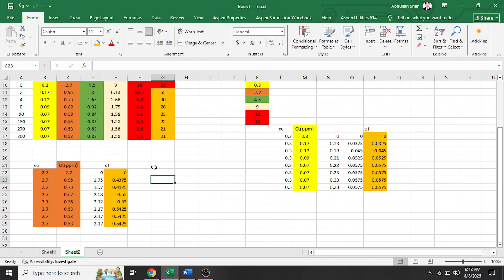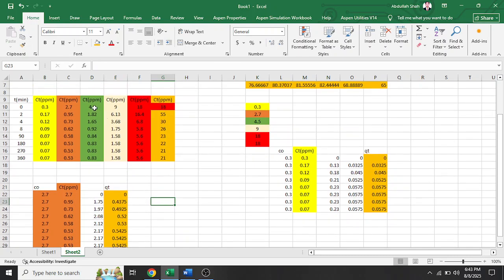Similarly, for the third one, C naught is 4.5. This is C naught, and this is the Ct.